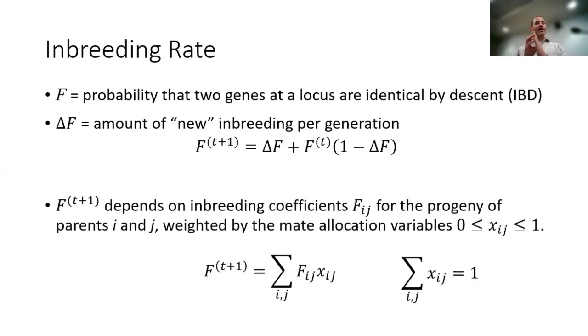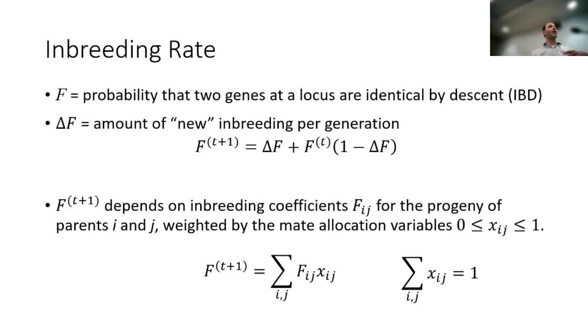So now we need to relate the inbreeding coefficient of the next generation, the one we're trying to design or optimize, based on the inbreeding coefficients related to the matings. So let's define a set of mate allocation variables. That's what this symbol x_ij represents.